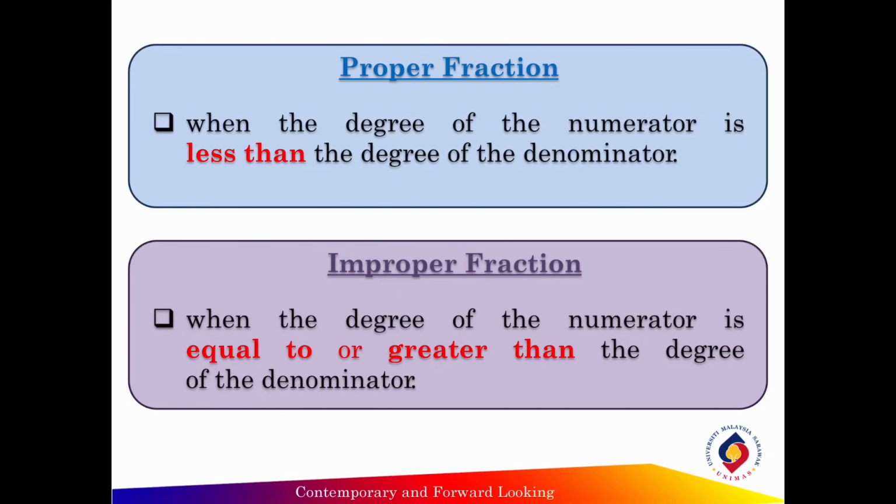An improper fraction is when the degree of the numerator is equal to or greater than the degree of the denominator. So again, for step number 1, we have to check whether the fraction is proper or improper. If it is improper, we have to do long division. If it is proper, we just go to the next step.